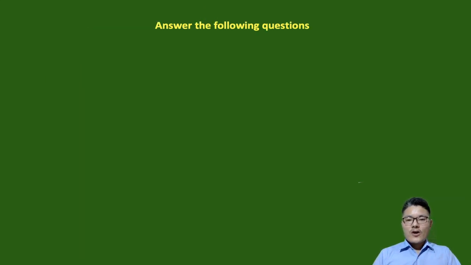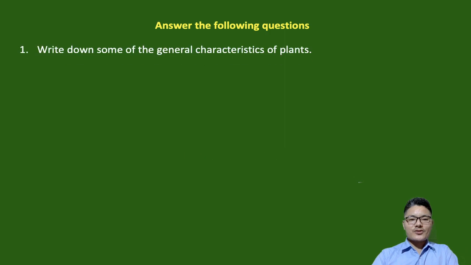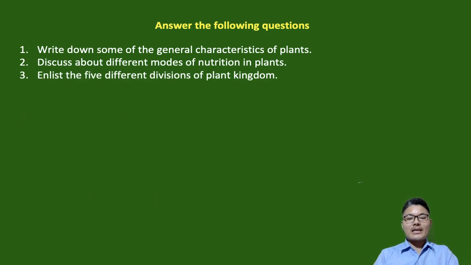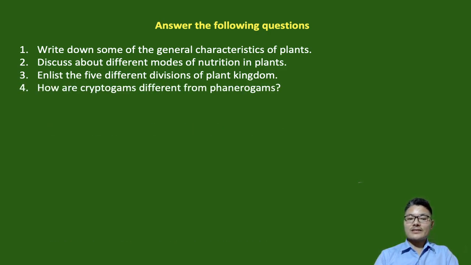Now, before ending this video, I would like to give this assignment. The first question is to write down the general characteristics of plants. The second question asks you to discuss the different modes of nutrition in plants. The third question requires you to enlist five different divisions of the plant kingdom which we have discussed already.